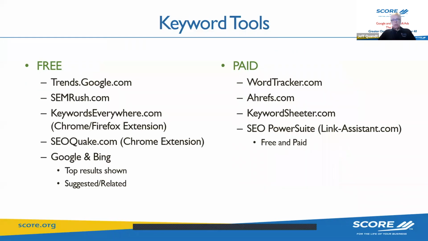Okay, so there are some keyword tools out there that you can use that will help you identify some of those keyword phrases. I wouldn't say single keywords that you want to focus on unless it is really esoteric to your business. For example, SCORE has a mentor program.